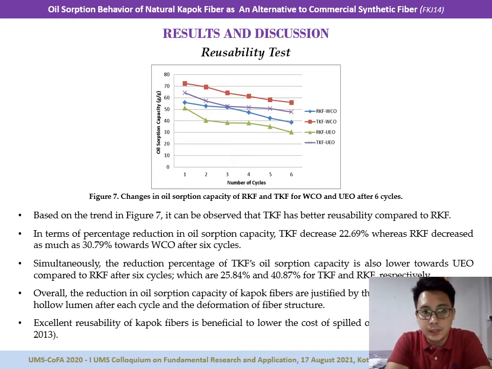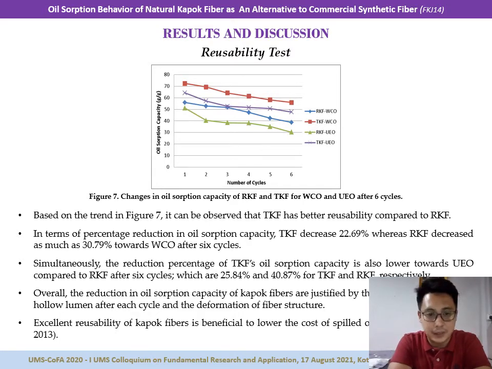So for the reusability test, we can see in figure 7 the changes in oil sorption capacity of raw kapok fiber and treated kapok fiber for waste cooking oil and used engine oil after 6 cycles. Based on the trend, it can be observed that the treated kapok fiber has better reusability compared to the raw kapok fiber.